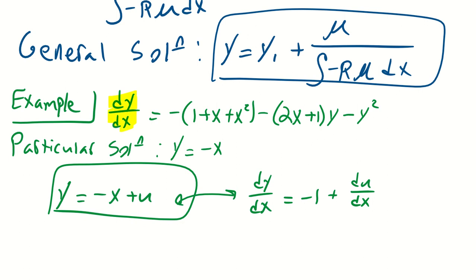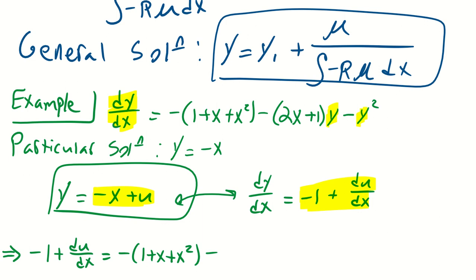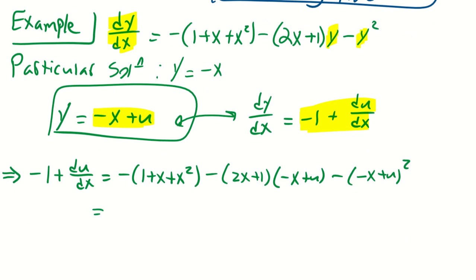On the left-hand side, we have minus 1 plus du/dx is equal to minus (1 plus x squared) minus (2x plus 1) times y, where y is minus x plus u, minus (minus x plus u) quantity squared. So let's work on that right-hand side. Let's be careful here because there are lots of negatives and so forth.